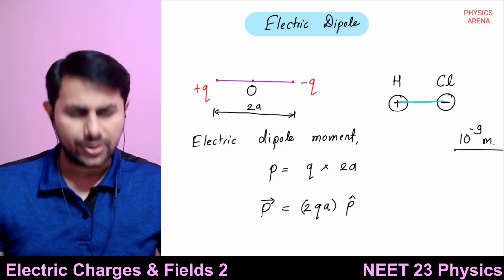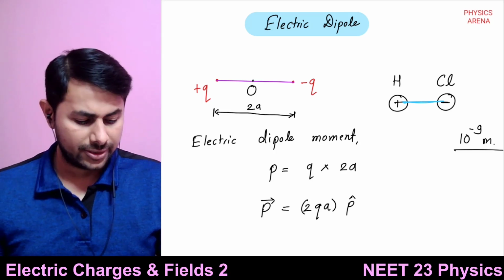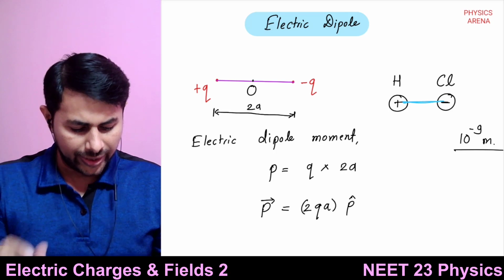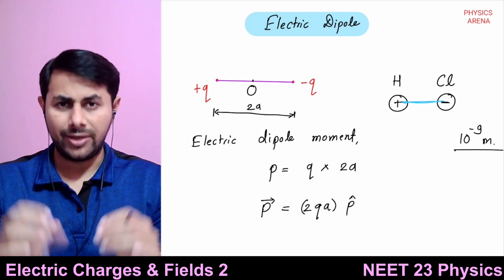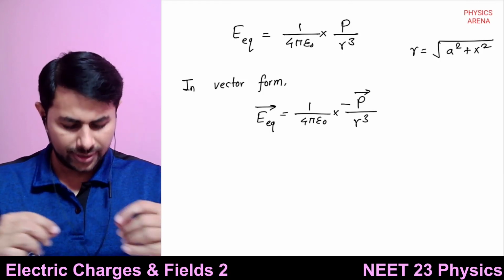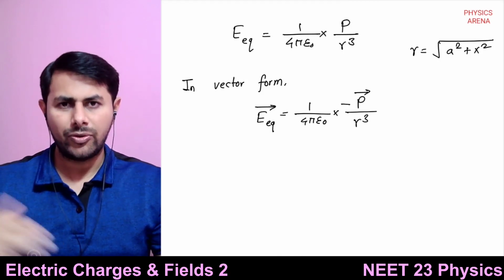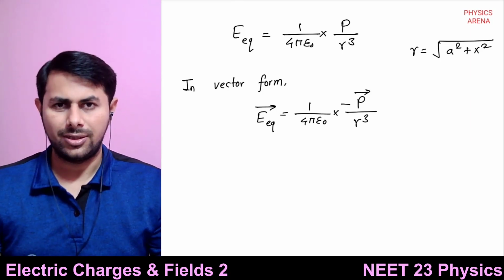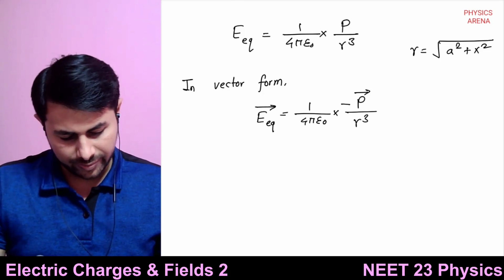So it's very, very small. The length of the dipole is very, very small, and the distances at which we want to find the electric field are very large compared to its length. So that is the special case.